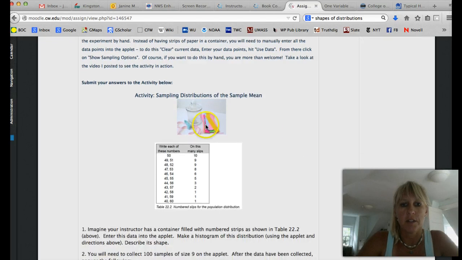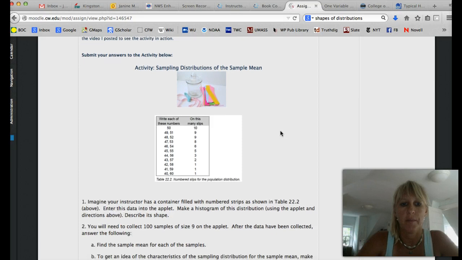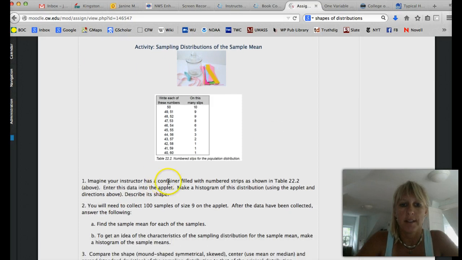So we're going to be writing on strips of paper and putting them into a glass jar. Imagine your instructor has a container filled with numbered strips as shown in table 22.2 above. Enter this data into the applet. Make a histogram of this distribution using the applet in directions above. Describe its shape.